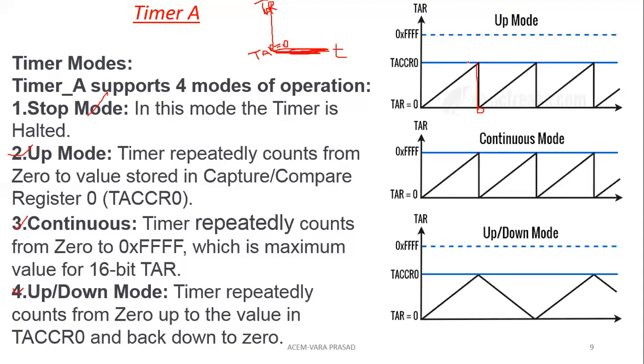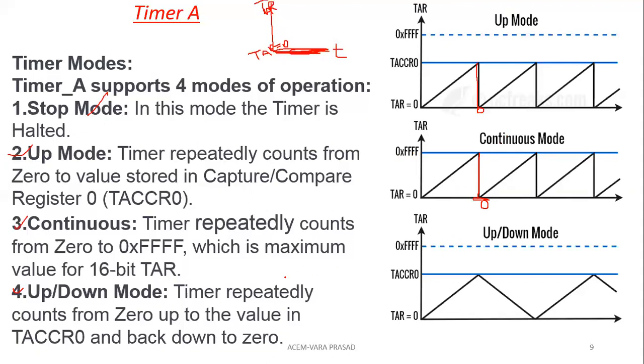Previously it was up to the TACCR capture register, but here in continuous mode the maximum value is 0xFFFF. 0x is the representation of hexadecimal. After reaching that maximum, the timer suddenly goes to 0, and again the count increases up to the maximum value. That is called continuous mode.